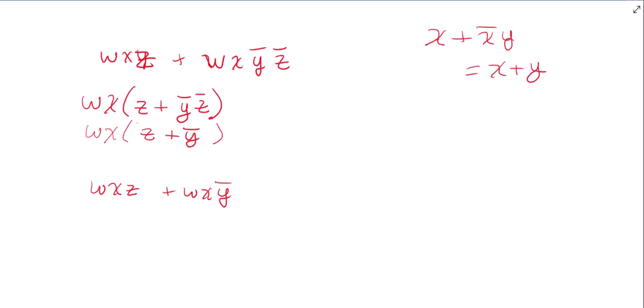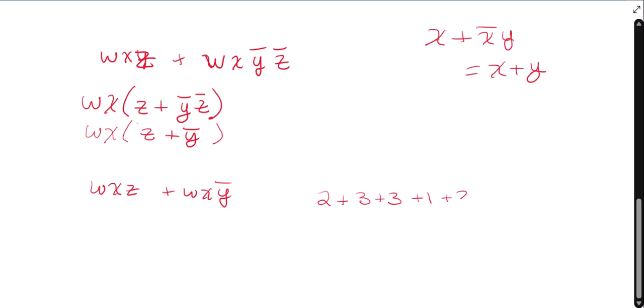Let's see, so I have the second one. I have 2 gates, each with 3 inputs to those gates. So that's 2 plus 3 plus 3, plus another. I've got an OR gate and I've got 2 inputs to that. I'm not counting my NOTs.